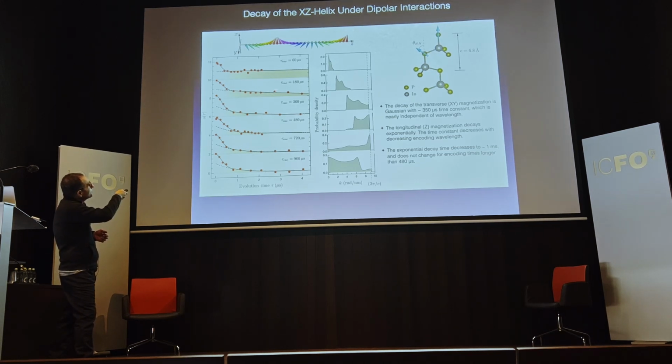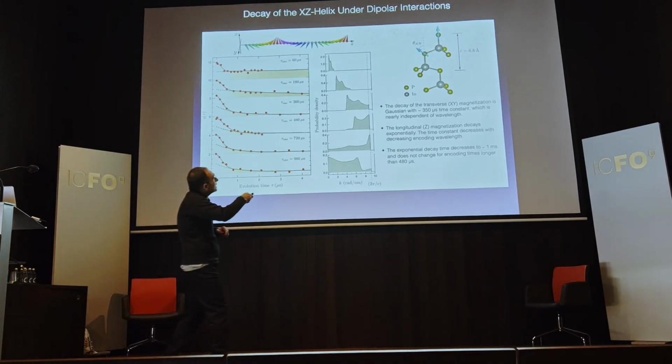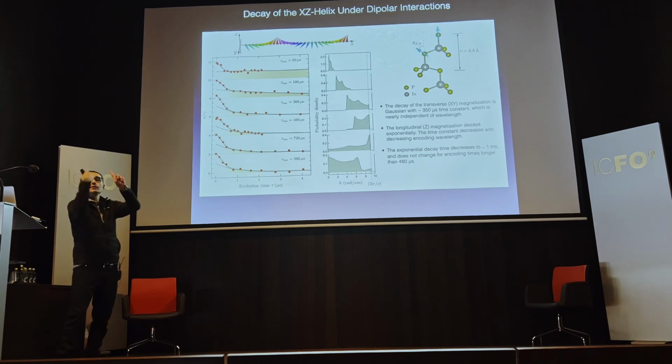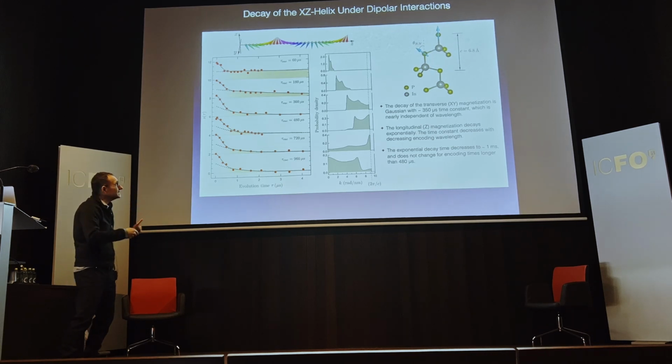As you crank up the encoding time, you're winding up that helix, and we can wind it up so tight that we can make the nearest neighbor spins alias. So you basically fold over so that the Hamiltonian comes back to its original form. Except we don't have a single tone, because the wavelength that we're encoding with is not uniform, because the gradient is not uniform from the constriction.